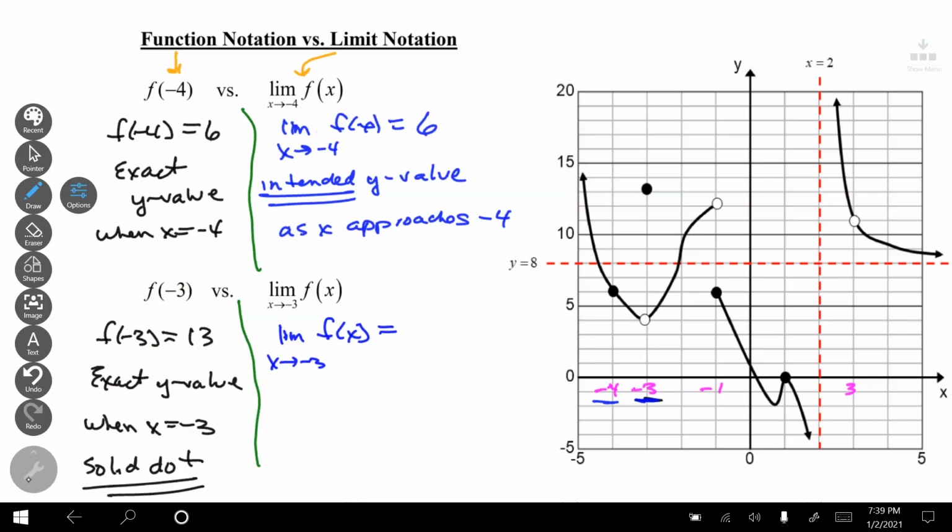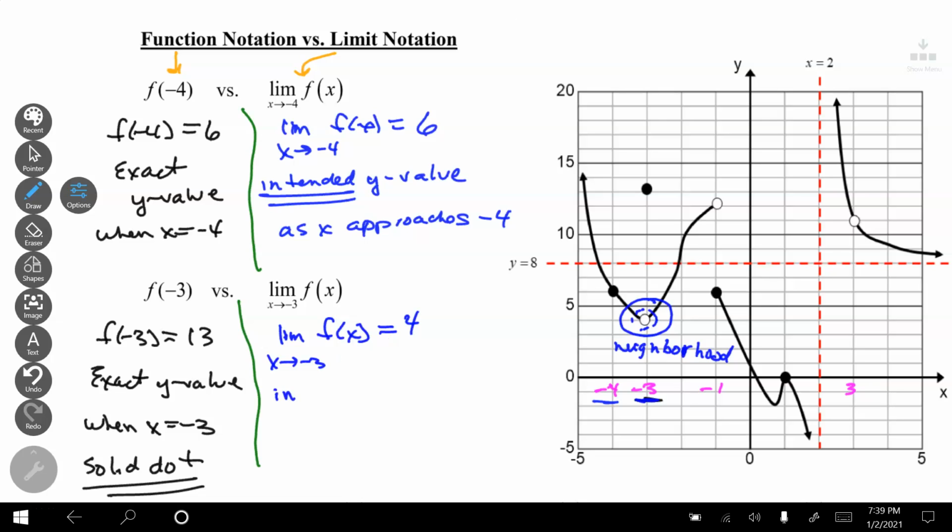As opposed to over here, I have this graph, and what I have to do is basically look at the neighborhood around x equals negative 3. Here's my neighborhood, around x equals negative 3. And if I squeeze that neighborhood and make it smaller and smaller and smaller, I'm squeezing around the y value of 4.